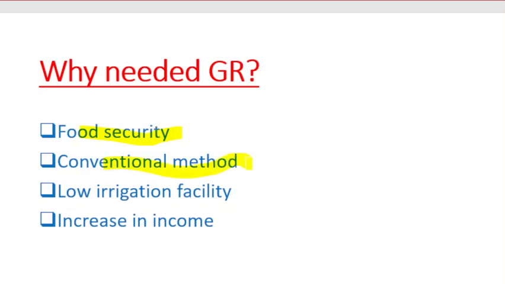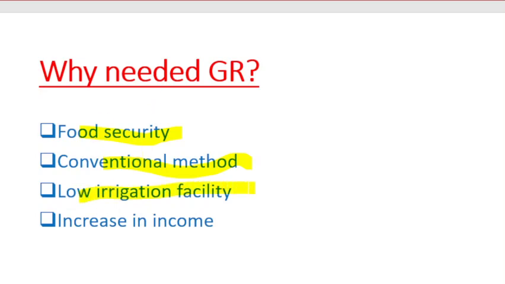Then, a conventional method. Earlier, we used to use outdated or obsolete methods of traditional farming. These obsolete methods of farming did not give ample production of food crops. So because of the low level of production, we had to move to some advanced technique.